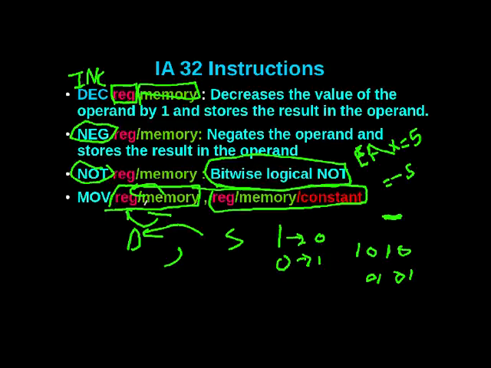So I can have my destination as a register or memory location, EAX, num1, whatever I want, but I can't have it be a constant. So I can't say move to a constant. See why you need to know lots of details in assembly. This is going to give me an error. I can't move a register to a constant.